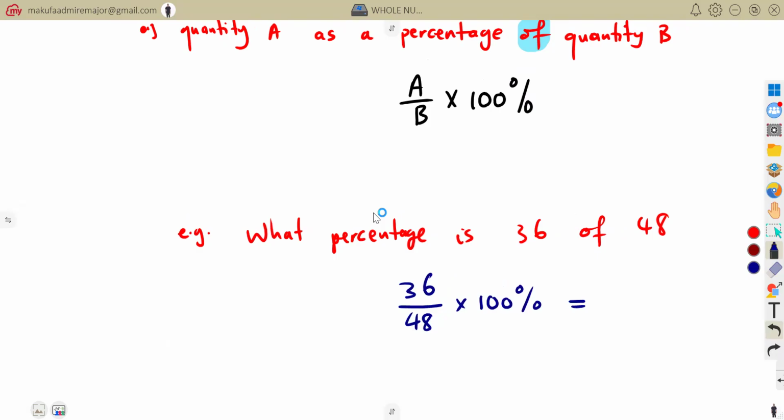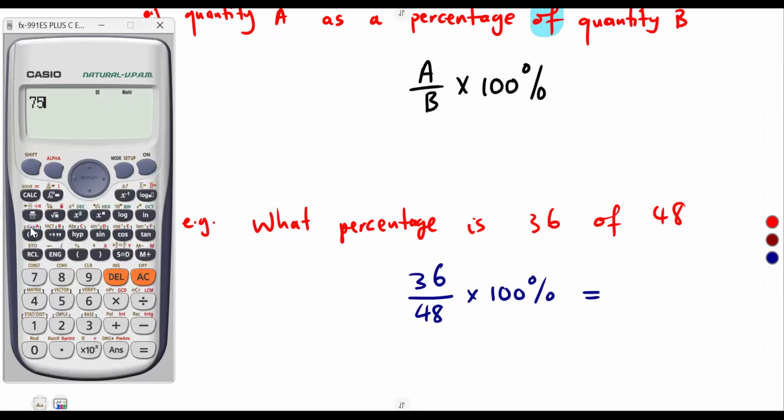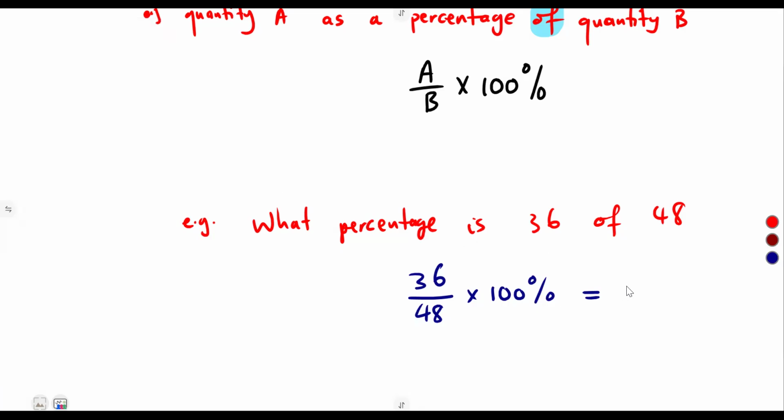Let me show you guys the screen here. Oh, sorry, now I'm giving you the answer. 36 over 48, then multiply by 100. So this is 75%. Meaning 36 is 75% of 48.